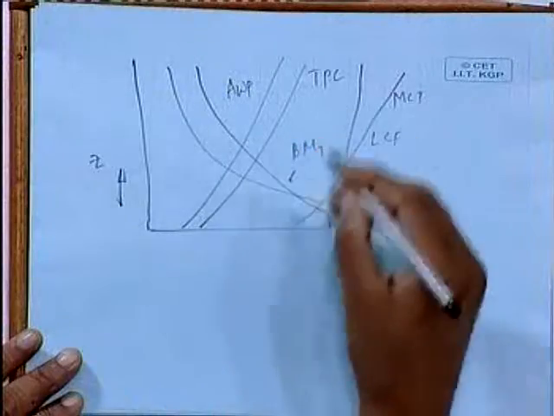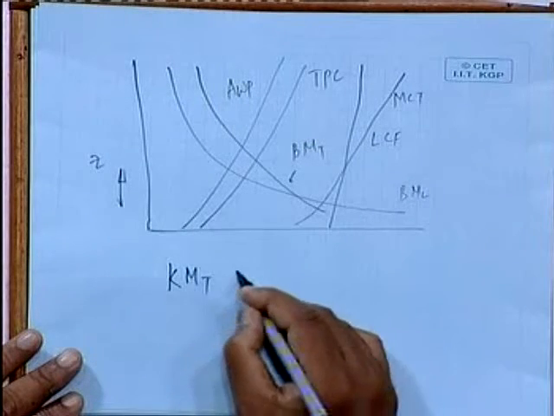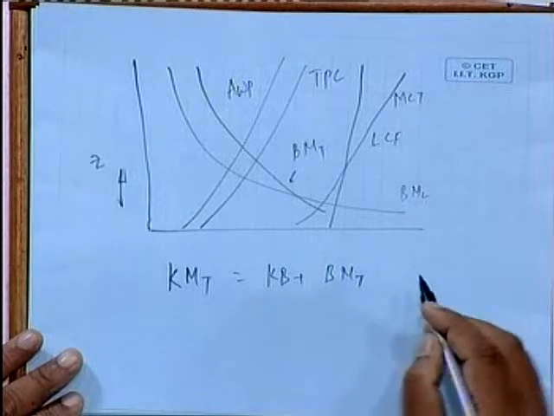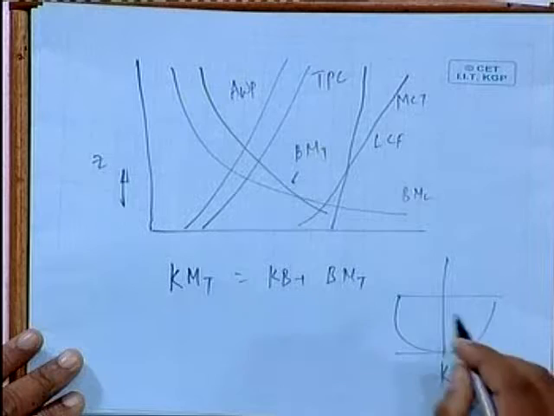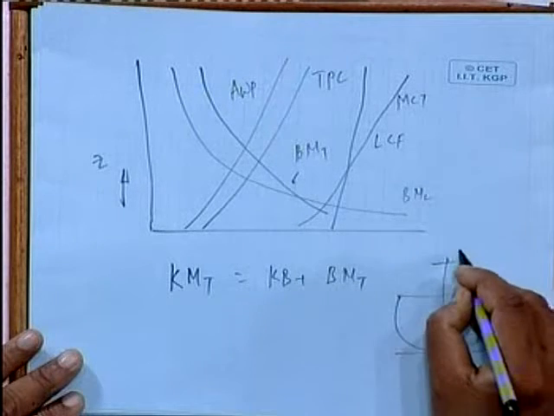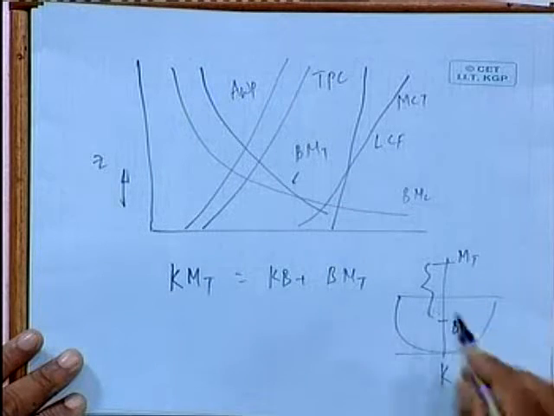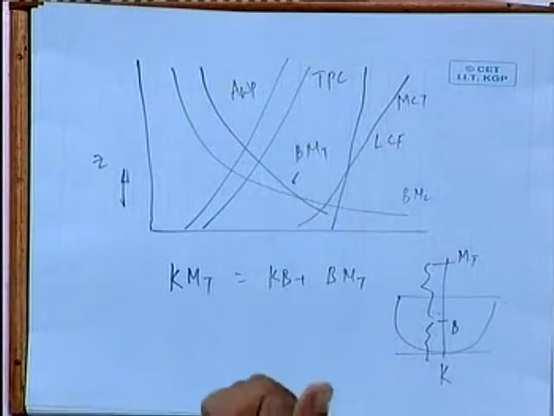Sometimes we also calculate what is called KMT, which is given by KB plus BMT. You had the keel point, the center of buoyancy, and here the MT. This is also there with us from my previous calculation.